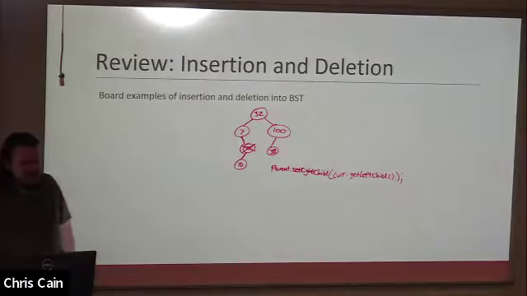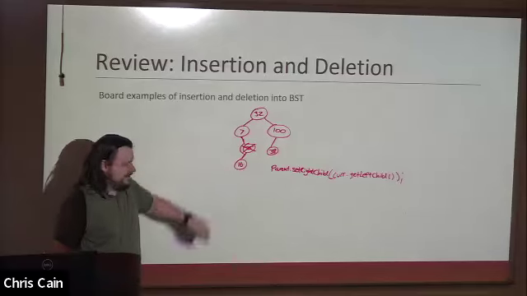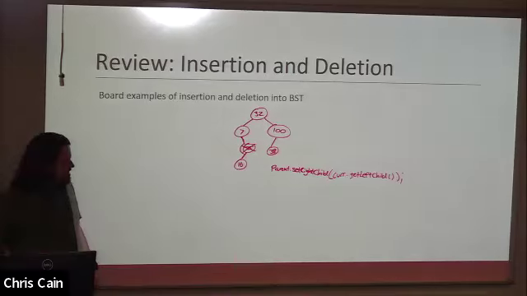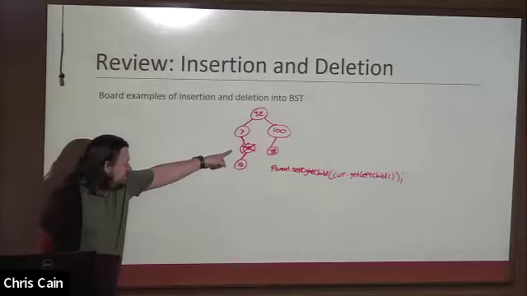Since these are going to be fields of nodes, they're going to know who their children are. We're going to say parent dot set right child to be cur dot get left child. And as we do this, now there's no reference anymore to this node 25.